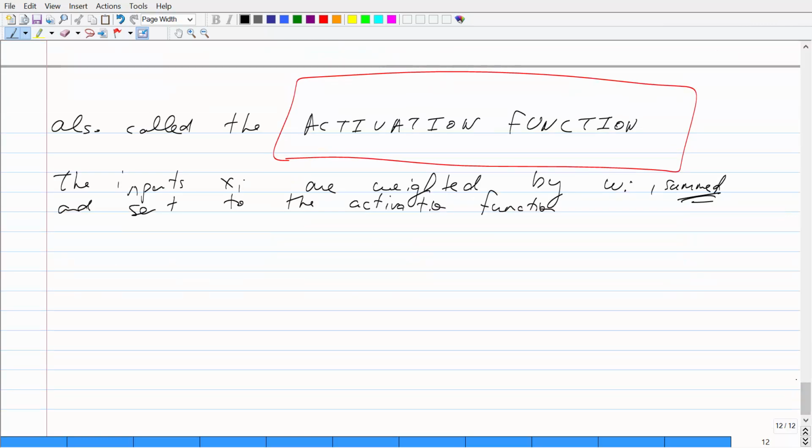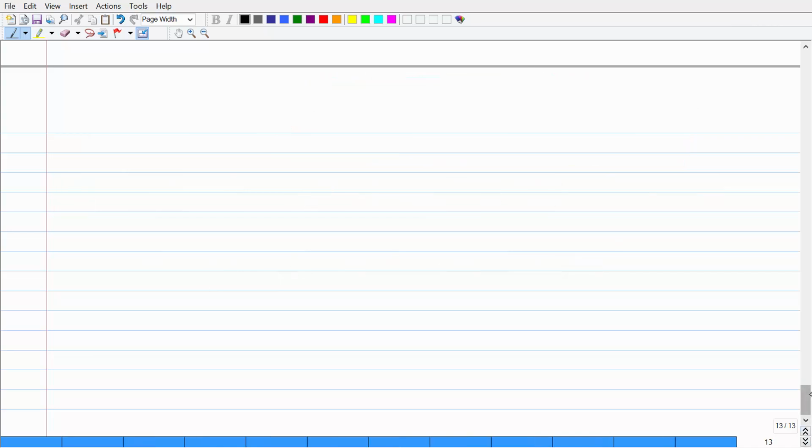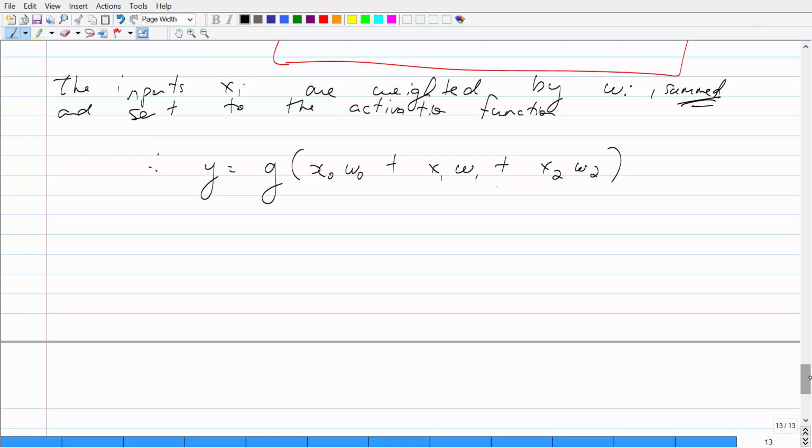So basically the output Y looks like this: you take each of these inputs, weight them individually, add them up, and then apply the activation function to it. So once you add everything up, you submit it to the activation function, and then it outputs some number.